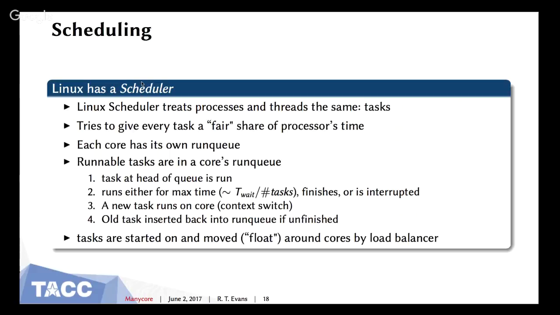Okay, so scheduling. Linux has a scheduler. And so Linux runs many processes, not just yours. There are system processes that have to be run. There are housekeeping utilities it has to take care of.